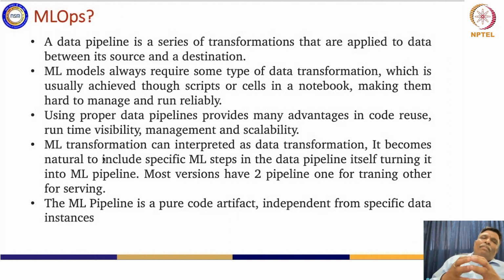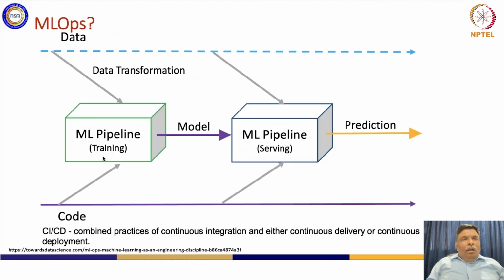So the ML pipeline is a pure code artifact independent from specific data instances. The ML pipeline does not have any interference with the data pipeline, whereas the data pipeline is totally separate from the ML pipeline. And you assume that you have two types of pipeline, one for training and another for serving, right? So this is how it is. You take the data, you transform it appropriately.